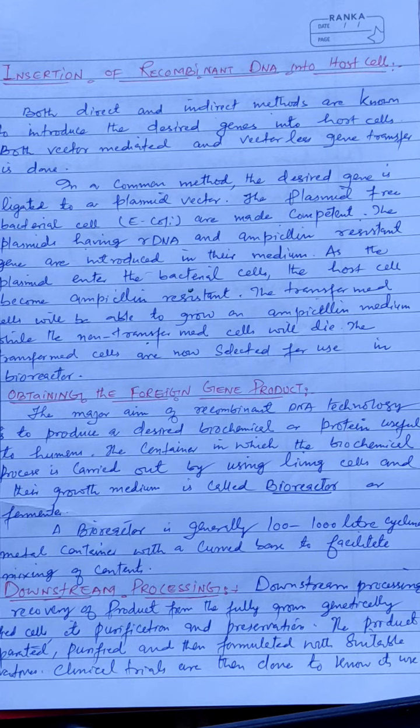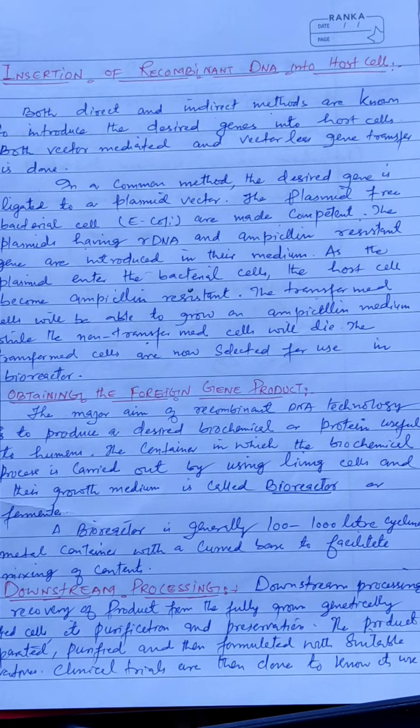And after separation, purification and preservation, clinical trials are performed on this product to know its use and its efficacy. Can it be used for mass introduction to the people?